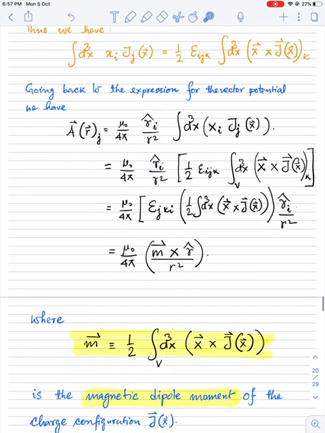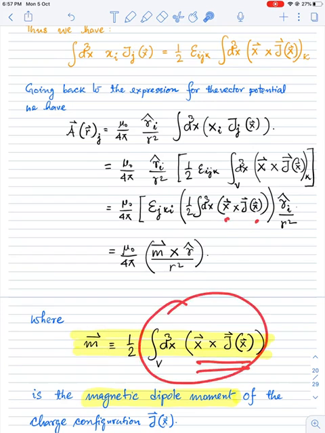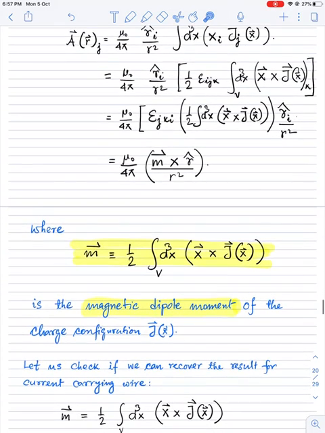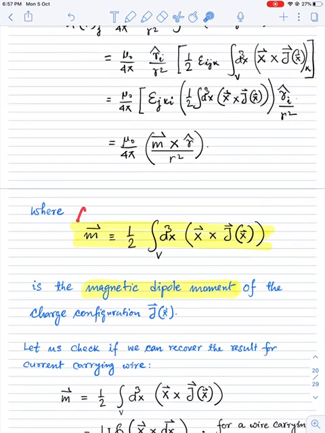This is exactly the same expression that you got for the dipole moment of a current carrying loop. Here, for a generalized charge, m is defined as the volume integral of x cross j, and this can be non-zero for a non-trivial current, and as you can see for a current carrying wire, this is non-zero. This is the general definition of the dipole moment.